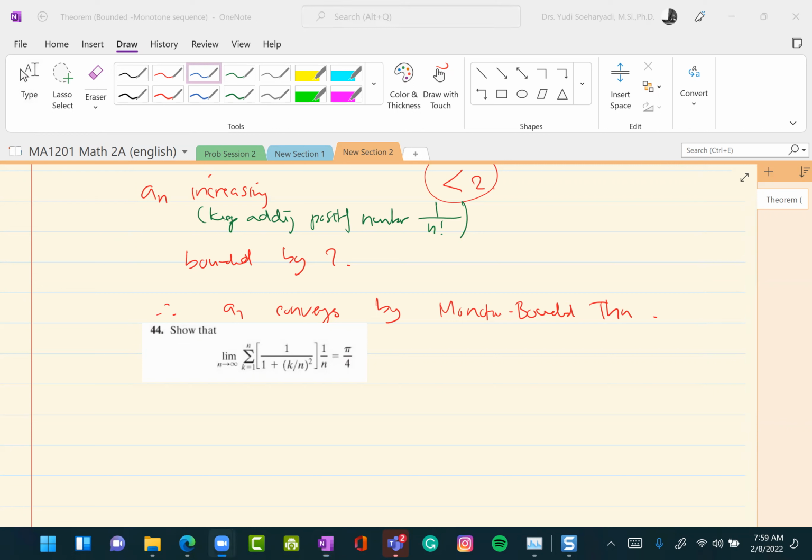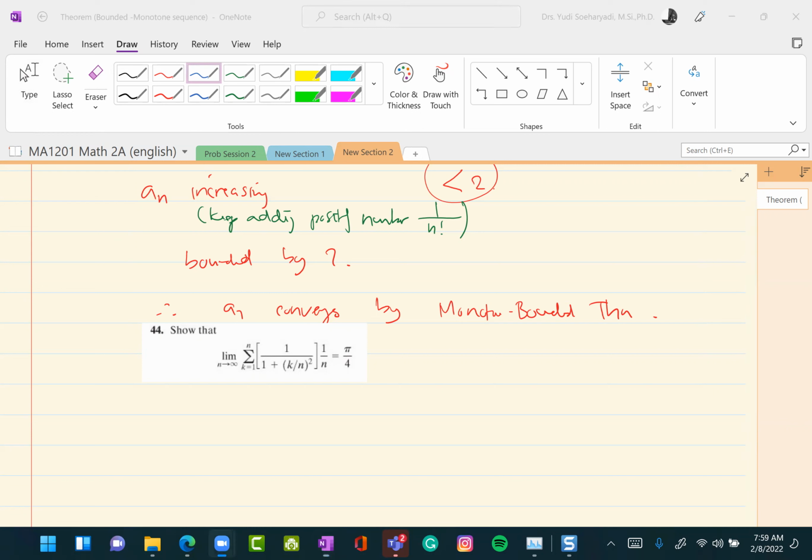All right, so we have this sequence. In this case, a_n is, no, the expression can look complicated, because this is a summation from k equals 1 to n of 1 over 1 plus (k over n) squared, times 1 over n. And the problem says to show that this converges to pi over 4.